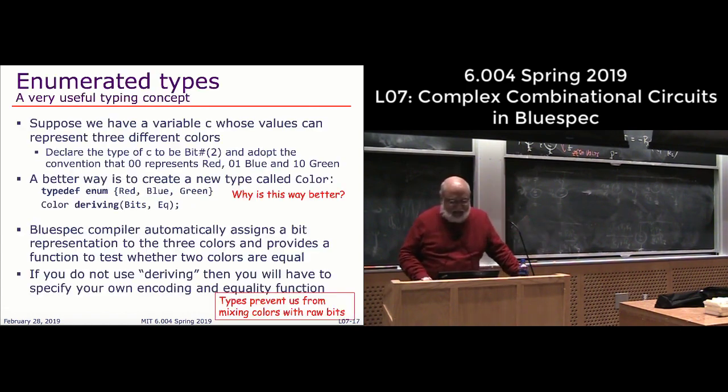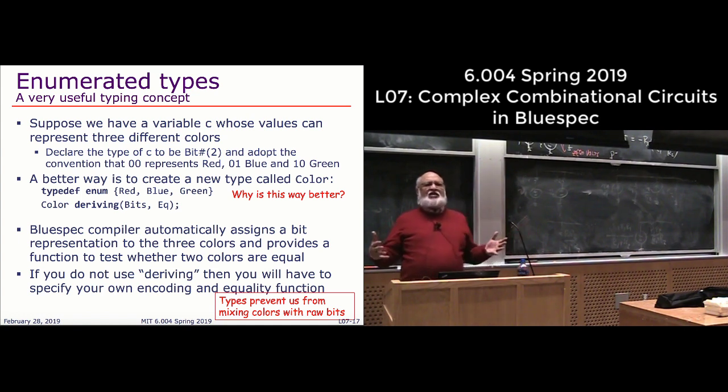Okay, good. Thank you. This is another one which is very interesting, enumerated types. A very useful concept. In type, suppose we have variable C whose value can be represented in 3 different ways, right? So you have 3 different colors. So as a programmer you say, oh okay, red will be 0, 0, green will be 1, 0, and whatever.